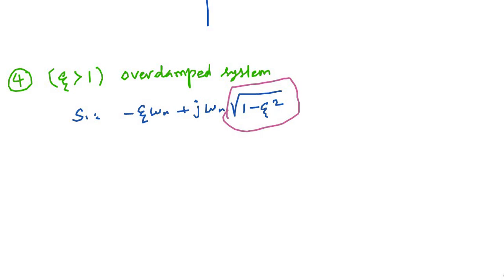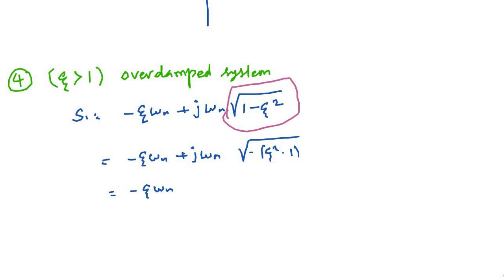Okay, so that means you get a negative sign inside that square root. So you get again a j, one more j you will get. So because of that, we'll write this as minus zeta omega n plus j into omega n square root of, with a minus you can write down, zeta square minus 1. So you'll have minus zeta omega n.